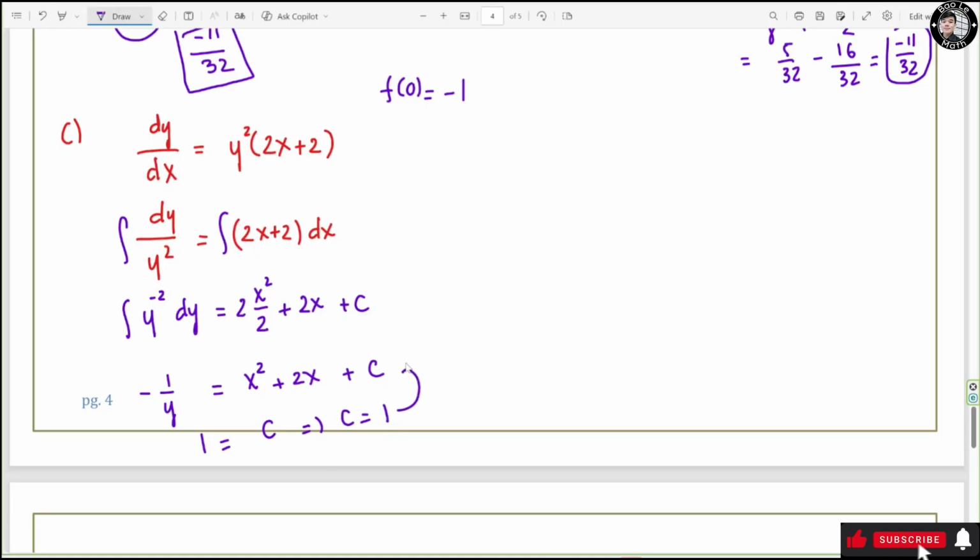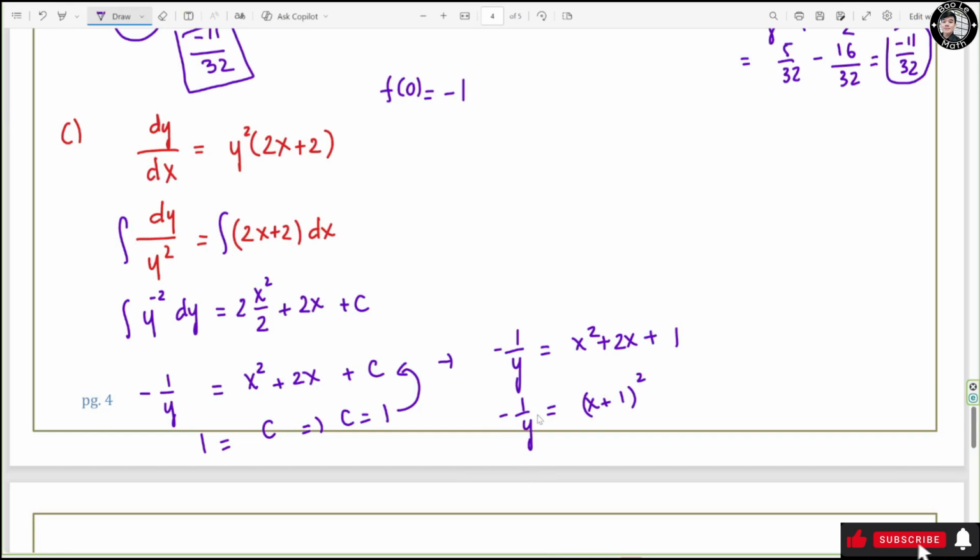So substitute back over here. So you have the equation -1 over y equals s squared plus 2s plus 1, right? Now s squared plus 2s plus 1, this one is actually the complete square formula, right? So we have s plus 1 all together squared equals -1 over y, right?